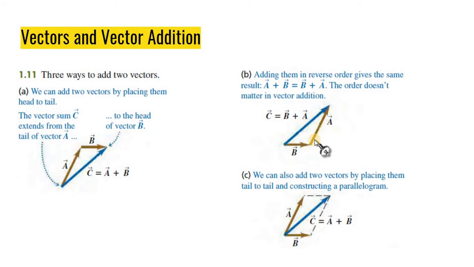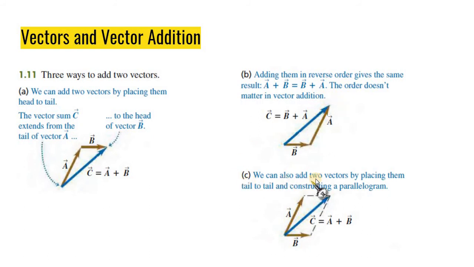Okay, if we make a line here, that is vector C. We see that it has the same resultant vector as in figure A, where the vectors are added in the other order. So that's another way of adding vectors.